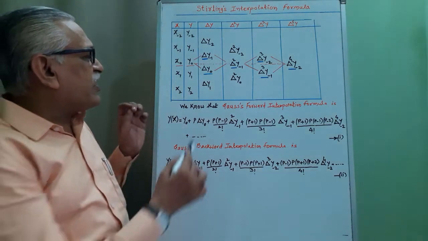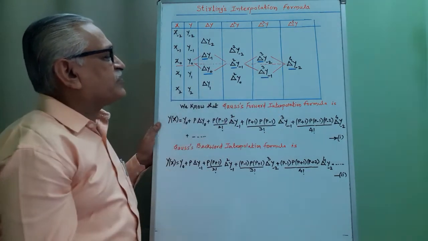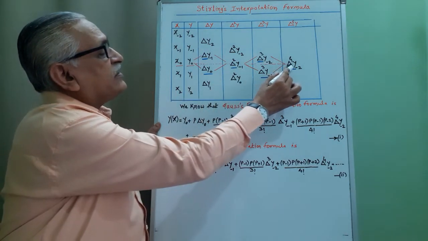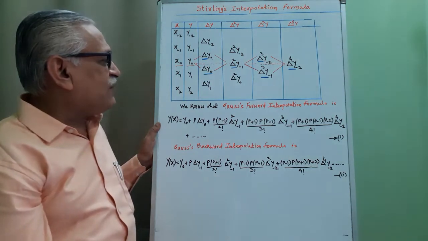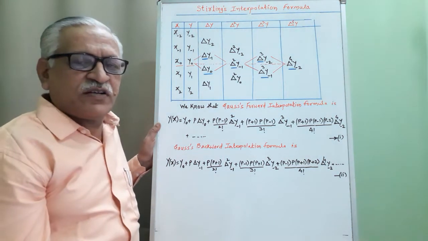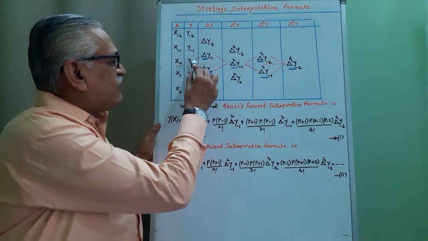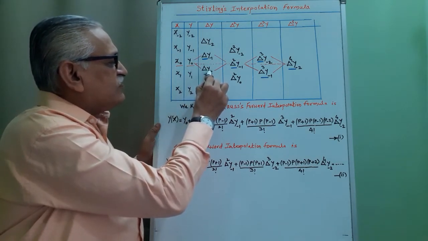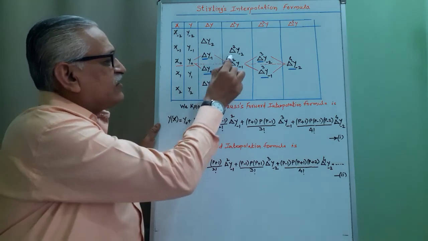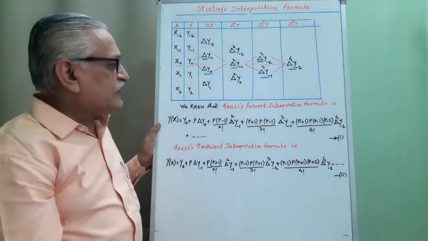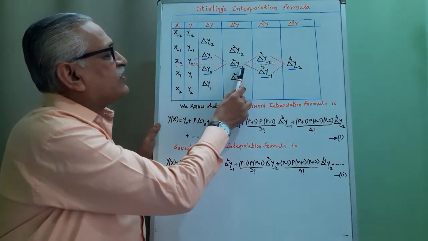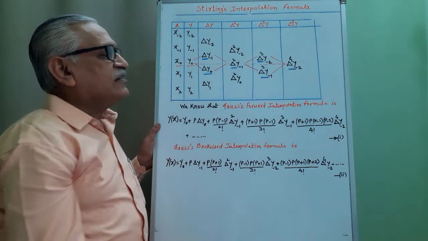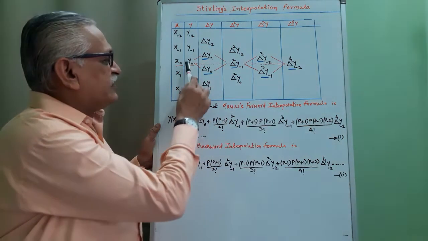Then we draw a dotted line for the central values x0, y0, del square y minus 1 and del raised to 4 y minus 2. For Gauss's forward interpolation formula, we take values like this: y0, then coming downward del y0, then going upward del square y minus 1, again coming downward del cube y minus 1 and then del raised to 4 y minus 2, in a zigzag way.